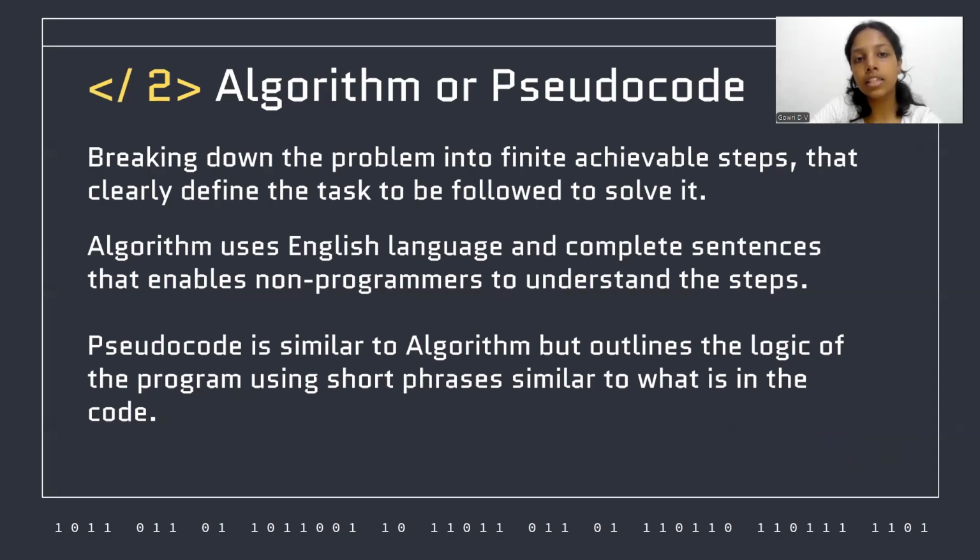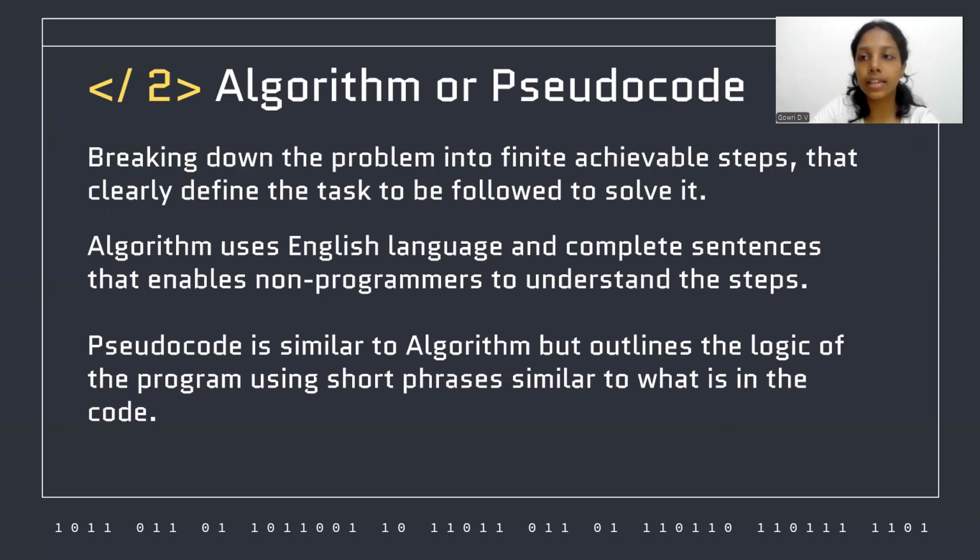There is a very small distinction between what an algorithm and pseudocode is. Algorithm and pseudocode both use English language. However, algorithm uses complete sentences that enable even non-programmers to understand the steps. Pseudocode, on the other hand, uses short phrases which is very similar to what the actual code is to outline the logic of the program.